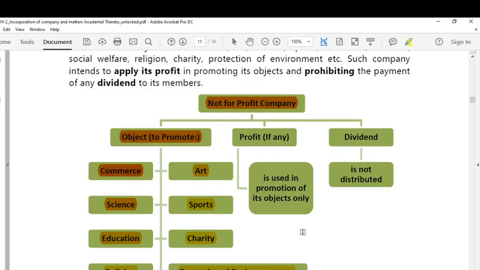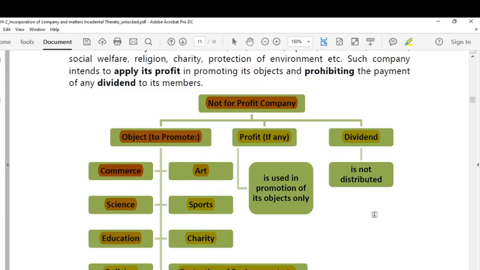If the reason behind promoting a Section 8 company is to promote sports, they have to make use of the profits earned on that Section 8 company only to promote sports. If it is a charity, it has to make use of the profits only for the charity, not for any other purpose. And the other most important third aspect is that there is no dividend distribution.